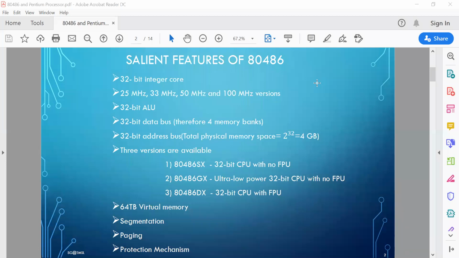First of all, it's a 32-bit microprocessor. A 32-bit integer core has been implemented here to process 32-bit data. It can also process 8 or 16-bit data.